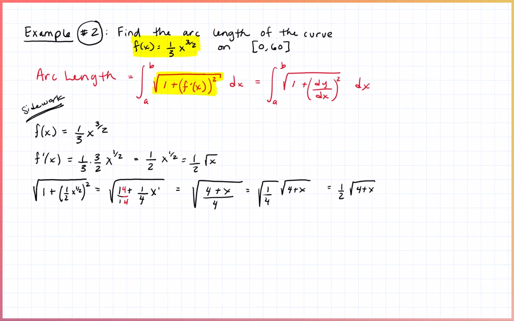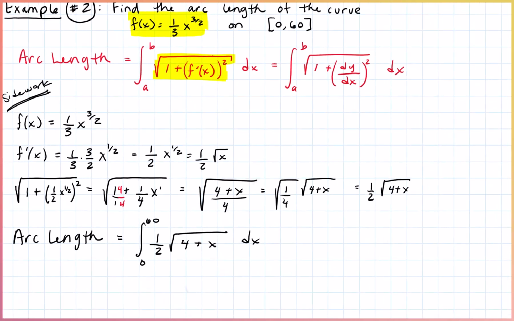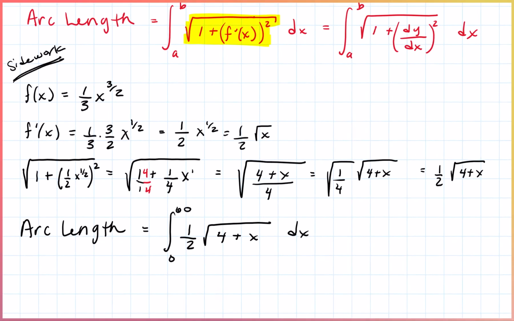So now when I compute the arc length, plugging into my formula, I'm going to be integrating from 0 to 60 of 1/2 the square root of 4 plus x dx. I'm going to zoom in a little bit here. This is going to involve a little bit of substitution because I have that 4 plus x function under the square root.